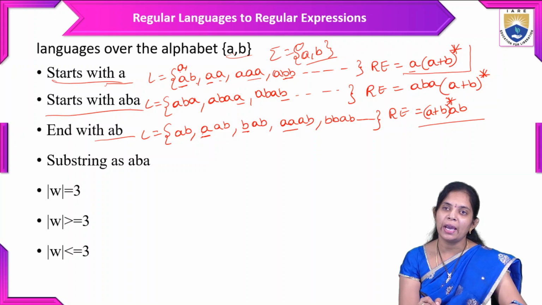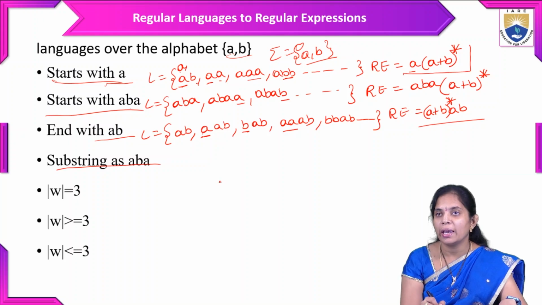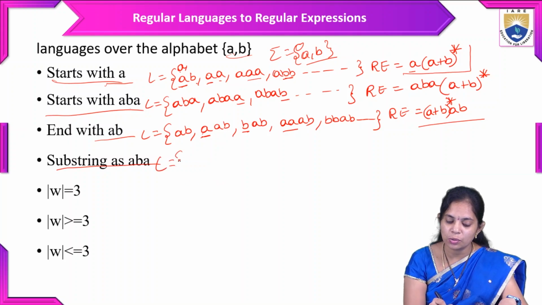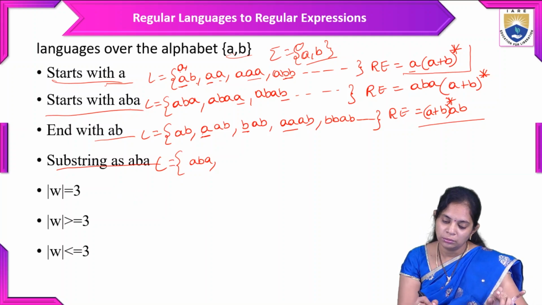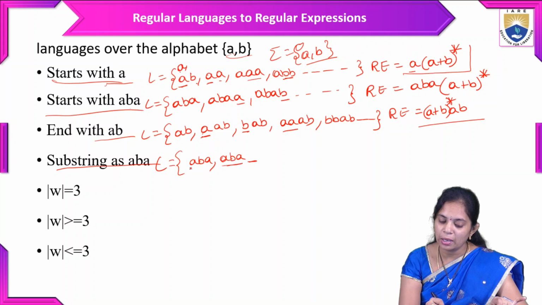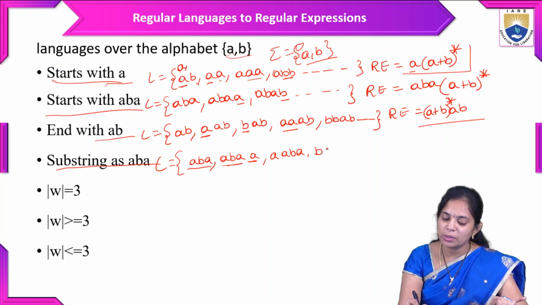So the string ends with AB, and the substring ABA is there. So the substring ABA is there, so I will write first ABA. Here the substring is not at the starting or ending. So the string ABA, suppose the ending, so the substring is ABA and ends with A and starts with A, or ends with B and starts with B, and also in between.